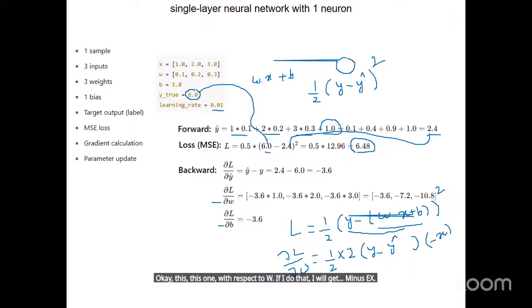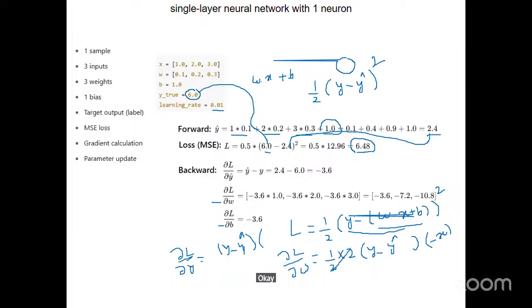Next, the 2 will cancel. Next, ∂L/∂B is the same thing: (y minus ŷ) into the derivative of this with respect to B. If I differentiate this, I will get 1.